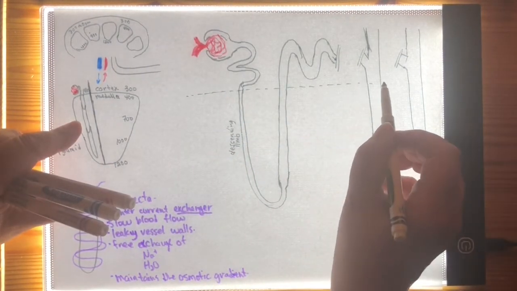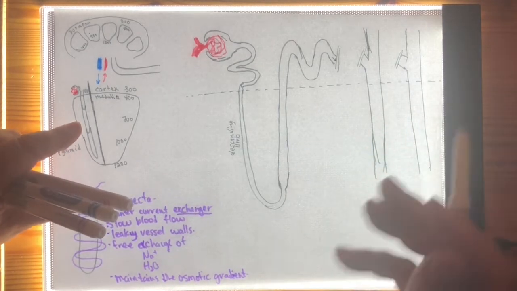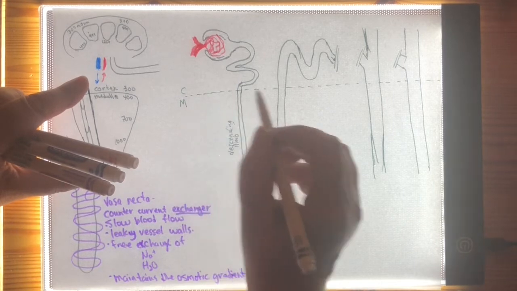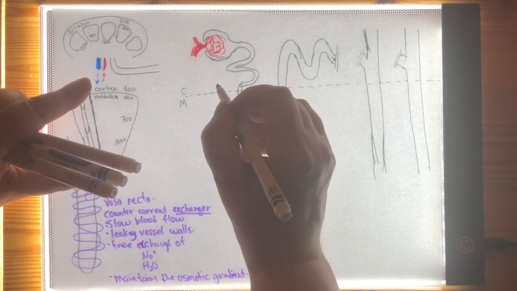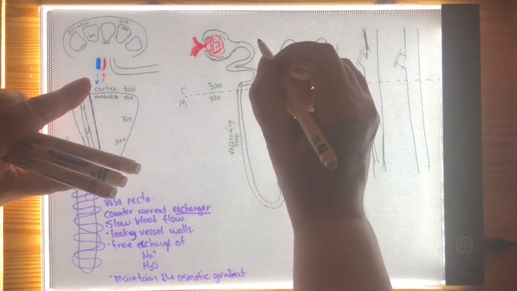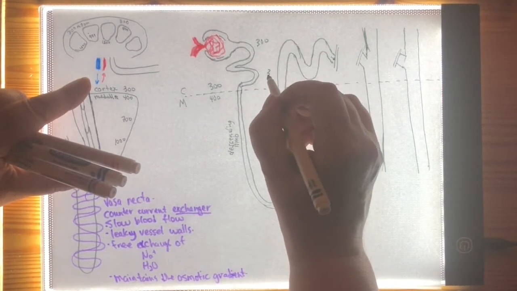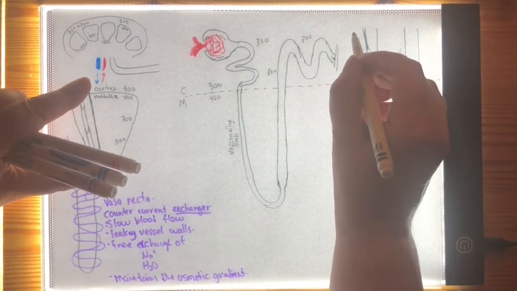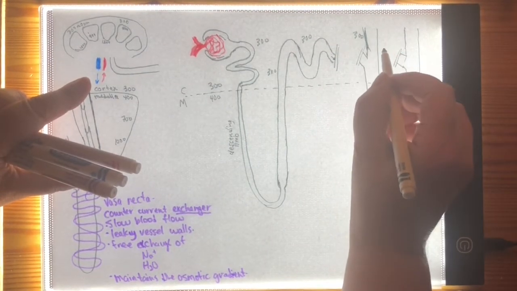We're going to go ahead and draw a dotted line, and we're going to be differentiating between the cortex and the medulla. And just a reminder that the glomerulus, glomerular capsule, the PCT and the DCT are all in the cortex, and then the nephron loop dips down into the medulla.